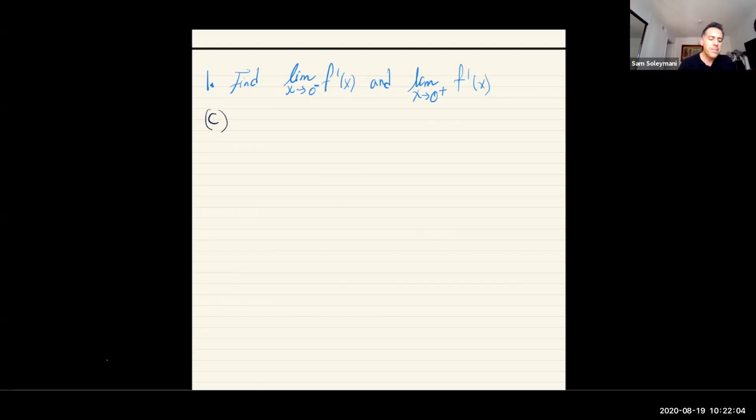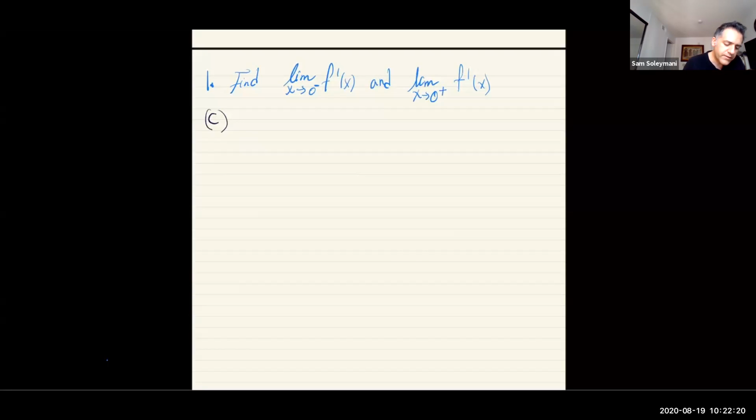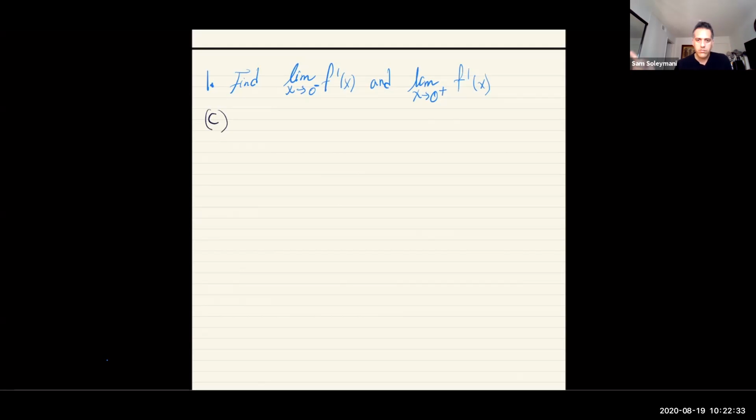So what do we know about the absolute value of x? Absolute value of x is defined as either x, if x is positive or 0, so I make that greater or equal to, and negative x if x is less than 0.